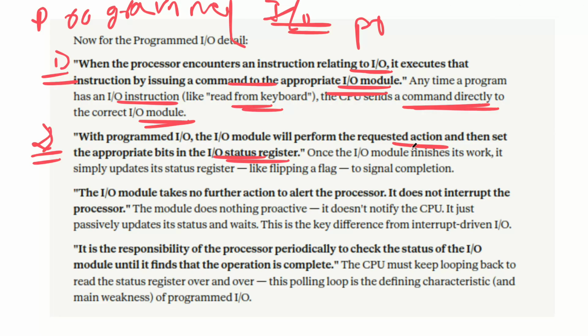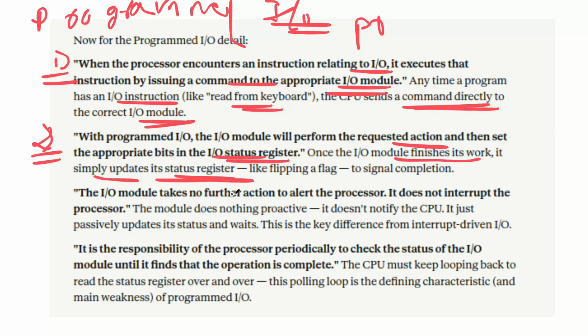The command is given by whom? The command is given by the CPU. The IO module will perform that action and then it will put the appropriate bits in the IO status register. That means when the IO module finishes its work, it simply updates its status register. That is what it does.